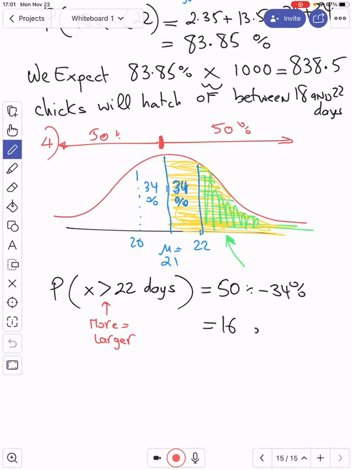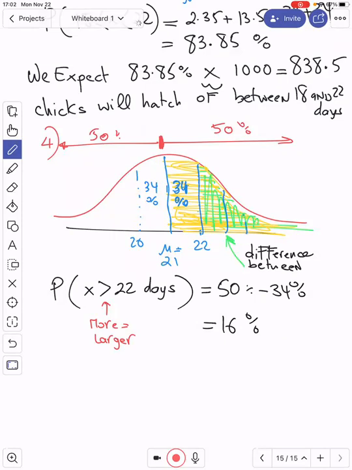So that's 16%. This is the difference between 50 and 34%. This 50% is another piece of information you can use. Between 21 and 22 it's 34, between 22 and 23 I think it's 13.5, and between 23 and 24 it's 2.35.